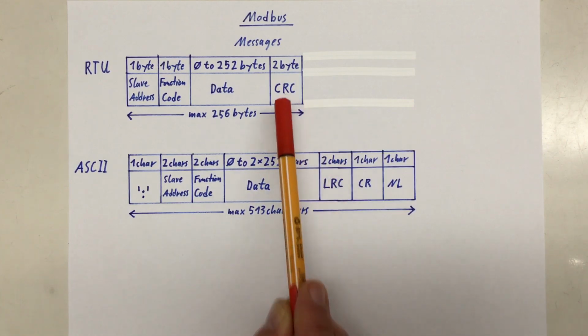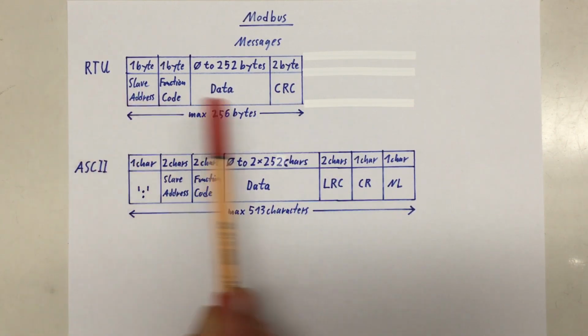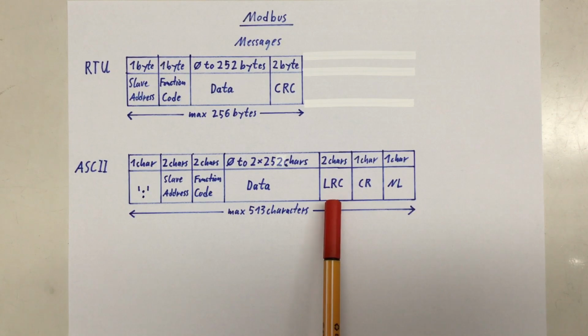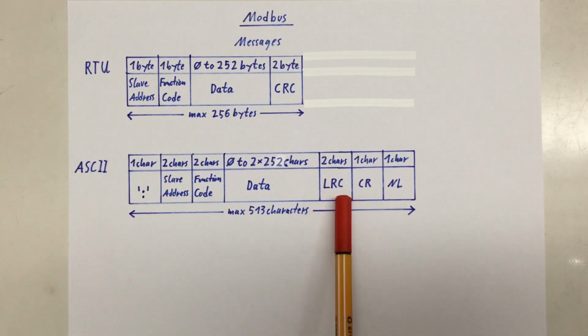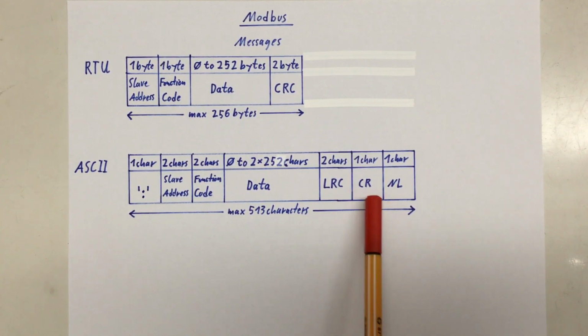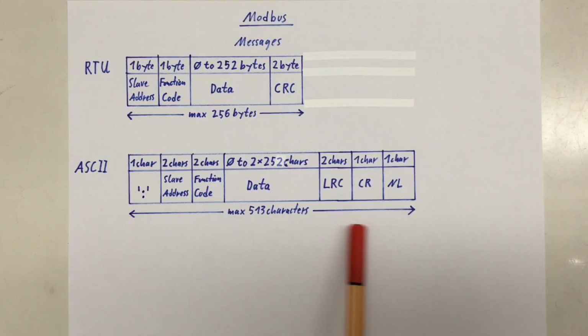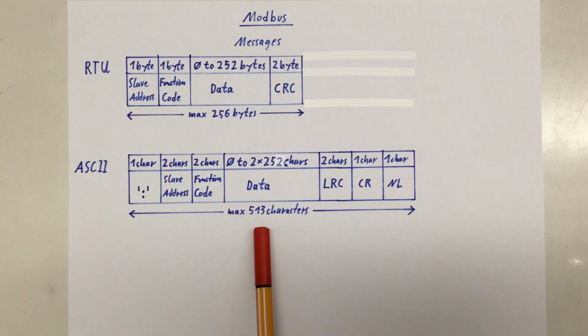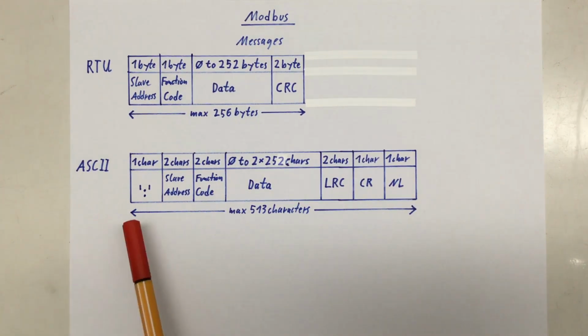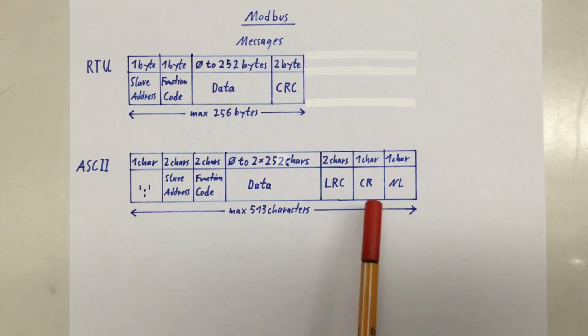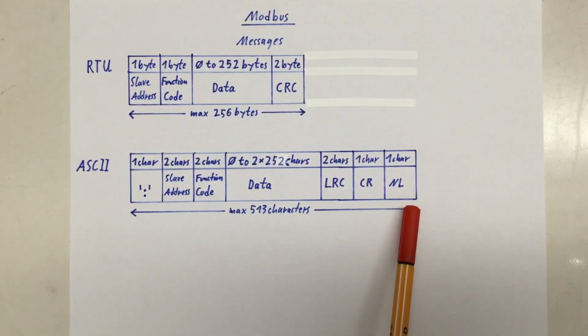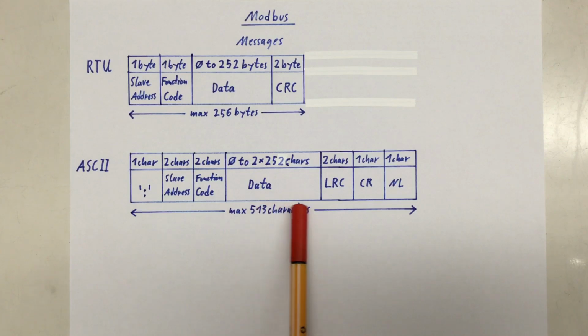That is followed not by the CRC from the RTU written out in hexadecimal digits, but by 2 hexadecimal digits forming a longitudinal redundancy check code. At the end, you have a carriage return character and a new line character. The maximum length of an ASCII message is 513 characters. So, but for the colon at the start and the carriage return and new line at the end, an ASCII message consists just of hexadecimal digits.